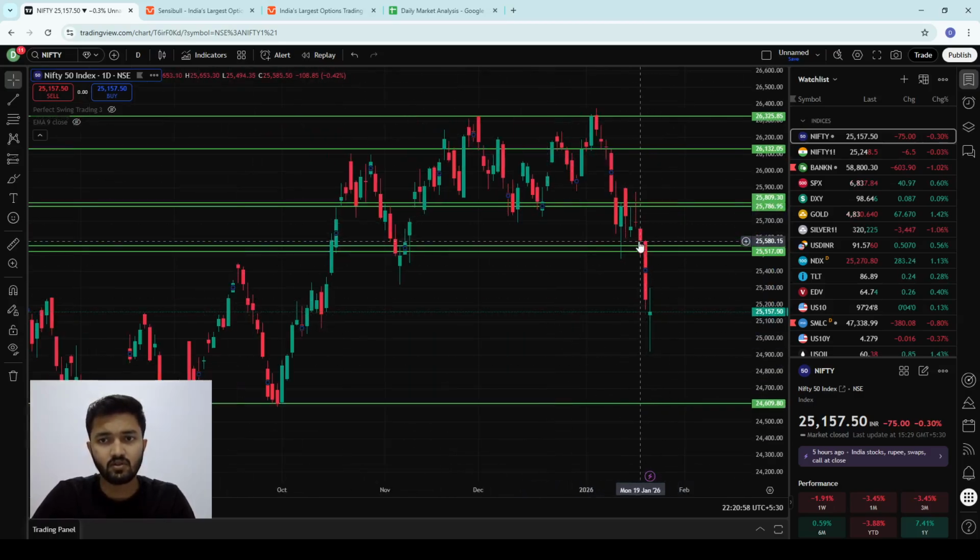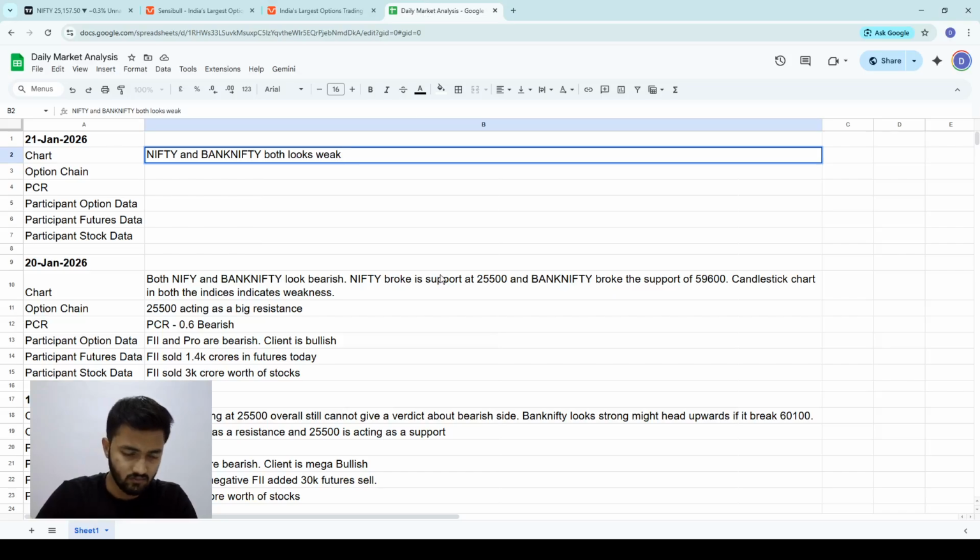This was the confirmation of our bearish pattern, and now both indices are following the downward trending channel. Still a lot of gap to be filled.